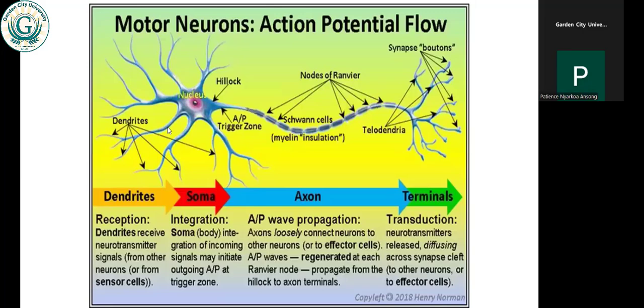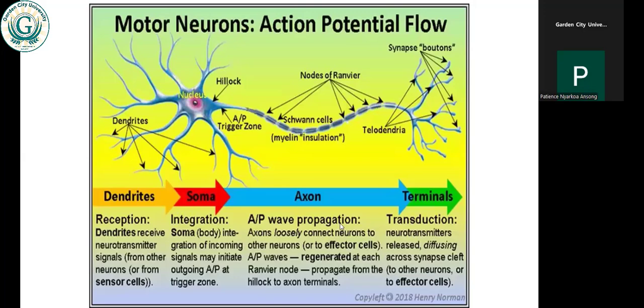When it gets to the axon hillock, which is the trigger zone, we have a threshold of minus 55 reached, and that propels the signal along the axon as action potential.